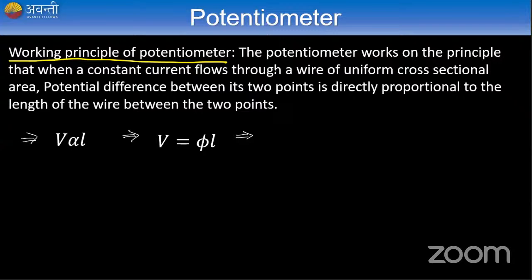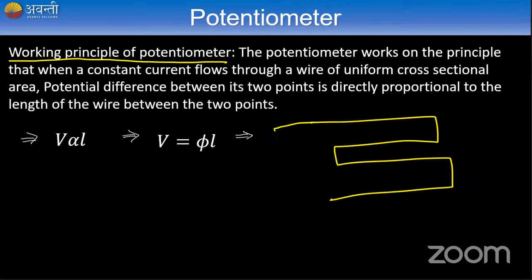The potentiometer works on the principle that when a constant current flows through a wire, say I have some wire, let me draw a uniform wire, and there is a constant amount of current. I'll connect a battery to this, and a variable resistance.